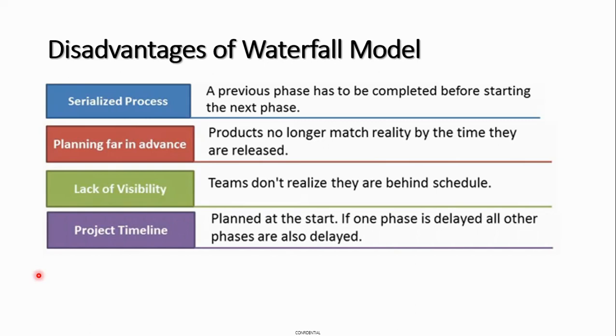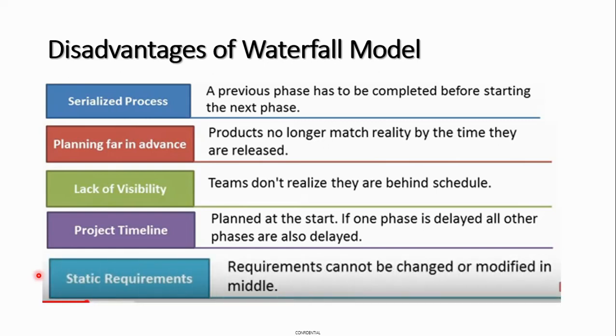So as I said, it's planned at the start, and if one phase is delayed, then it has a cascading effect on the other phases. If the development is delayed, then of course it has a cascading effect on the UAT and all the other activities that are to follow.